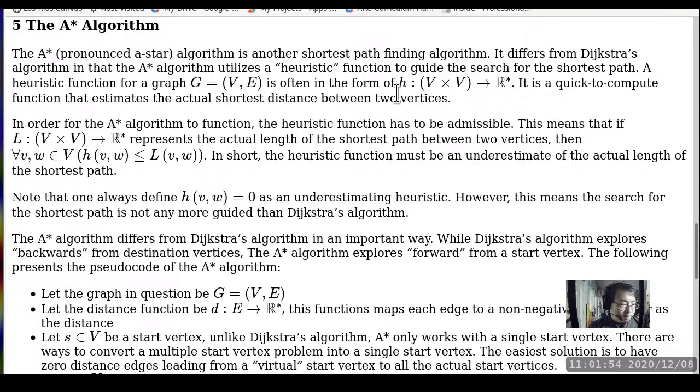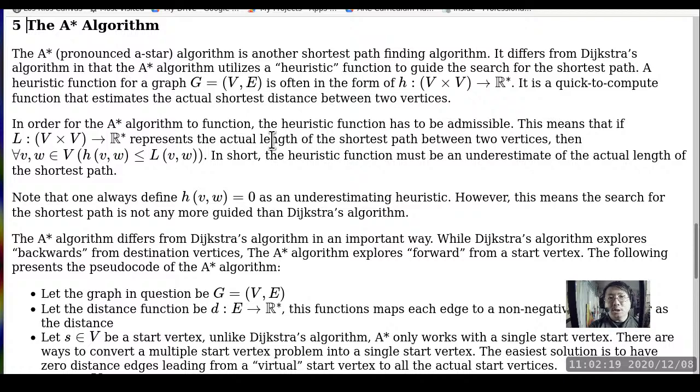So we can reuse the example of what we just talked about today, and apply heuristics. It also has an L value. The L value in this case is representing the shortest path between two vertices.